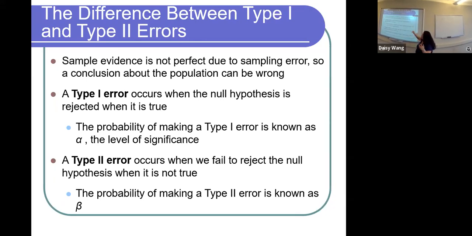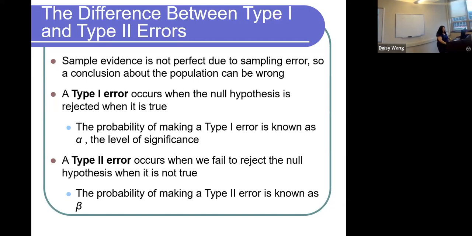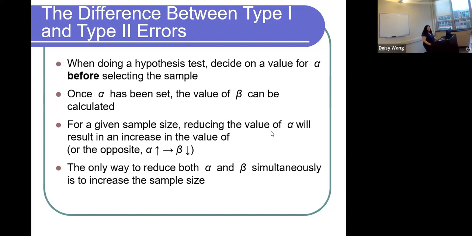Type 2 is someone is not guilty and we think he's guilty. So which one is more important? Either, we don't want either, okay? But unfortunately, in statistics, these two are like substitutes. There's only one way to minimize both: to increase the sample size.